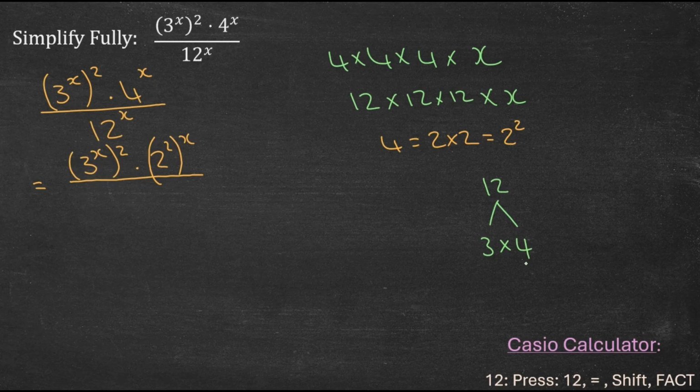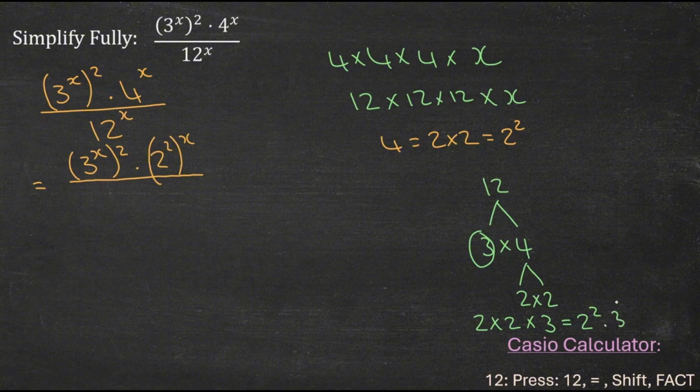So we have to break it down further. And that gives us 2 times 2. Now all the factors are prime numbers. We've got this 3 multiplied by 2 times 2. Now usually we write the smaller prime bases first, so I'm going to write 2 times 2 and times 3. And this can be rewritten as 2 squared multiplied by 3.